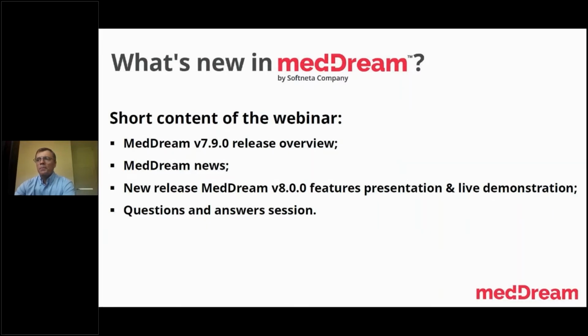This will not be as big a release as 7.9 because, as you see, it will be only 2 months between releases. This is also very good for many of our partners because we can see the direction of Softneta. Our direction is to shrink the time between releases, just to allow users to get new features faster.